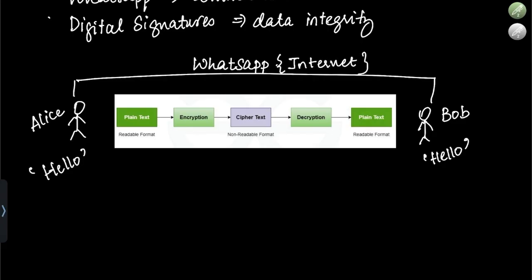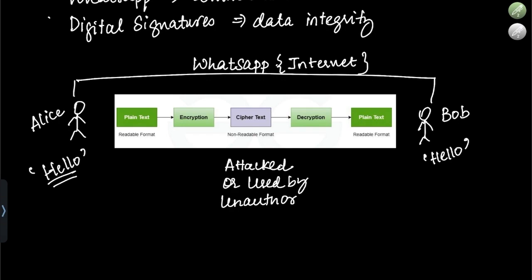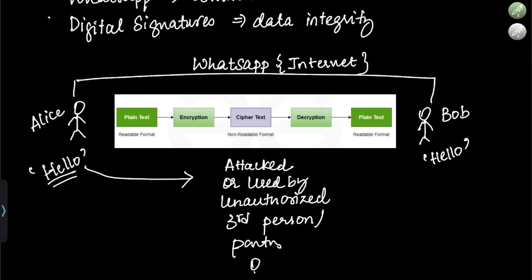But there may be cases where the data could be attacked or used by an unauthorized third person or third party. So when you send hello, let's assume a third person called David.